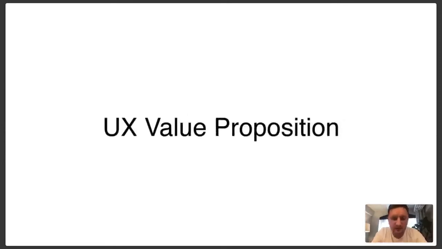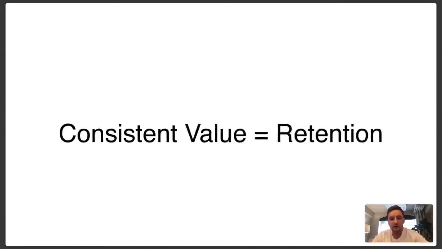Switching to probably the most interesting part, at least for me, which is the UX value proposition. I would say 80% of my time I'm focusing on UX value proposition, because it's super easy to lose customers once you attract them.